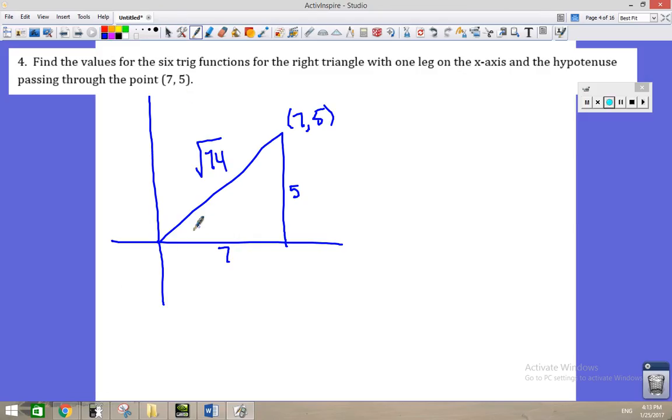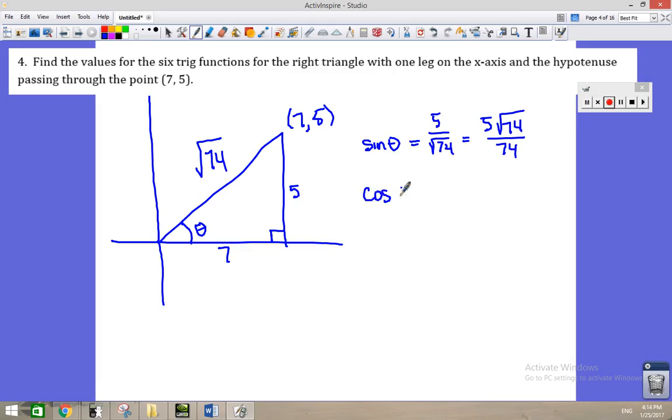All right. I need this theta to be always the angle with respect to the x-axis. My right triangle is always made not with respect to the y-axis, but with respect to the x-axis. This theta is the angle between the x-axis and my hypotenuse. So the sine of theta is 5 over radical 74, which rationalizes to 5 radical 74 over 74.